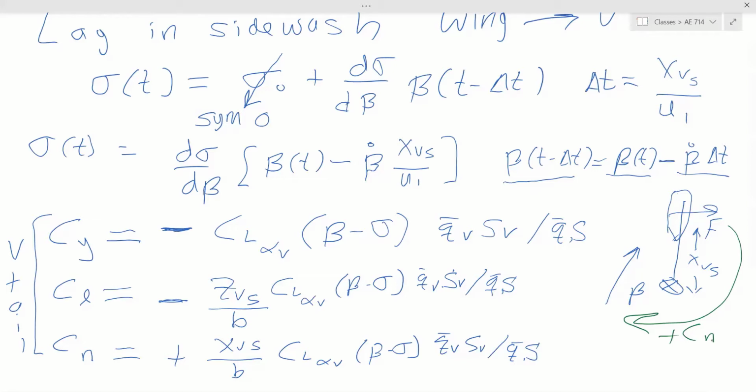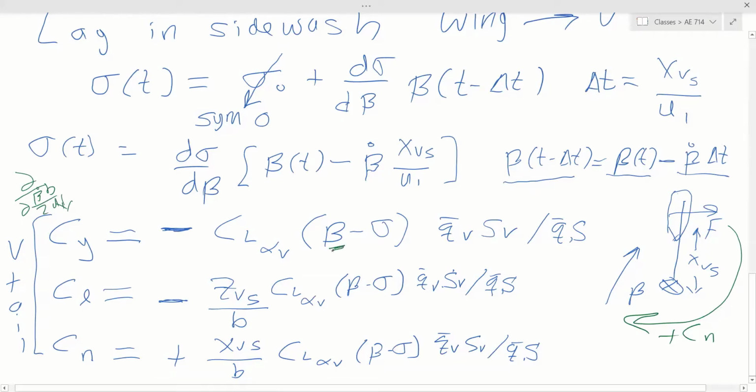So remember, what we're wanting is the derivatives of these things with respect to beta dot. Now these are partial derivatives because there's multiple variables. So we're going to take the derivative of that with respect to beta dot. Well, where does beta dot show up in those formulas?